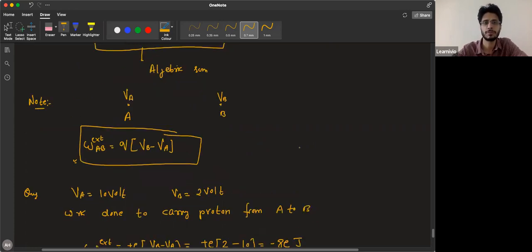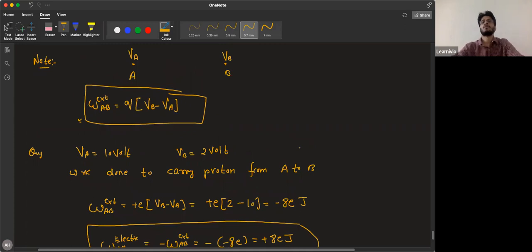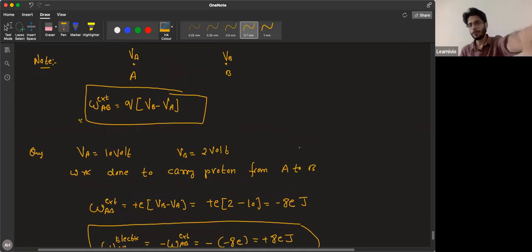Note it down. The first type of questions you will get on potential will use two concepts: potential due to a system of point charges, and the concept of work. We first calculate potential, then using that potential, we calculate work.